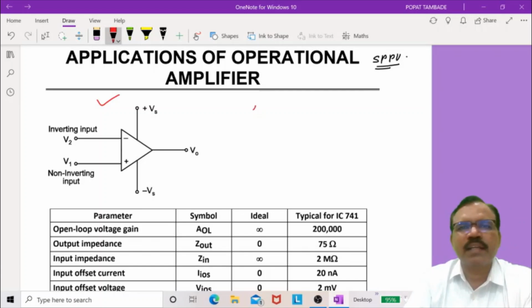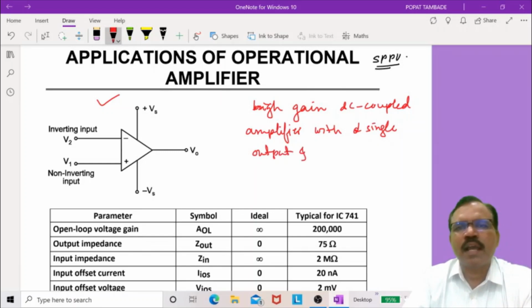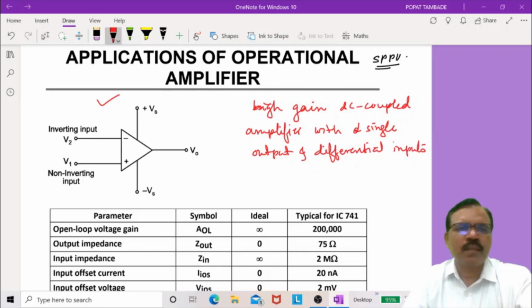Operational amplifier is a high gain DC coupled amplifier with single output and differential inputs. So here this is the symbol.